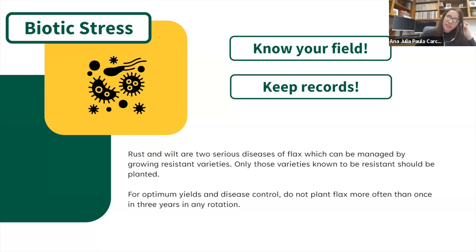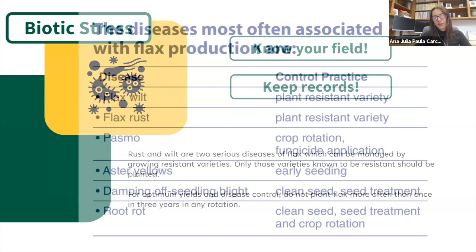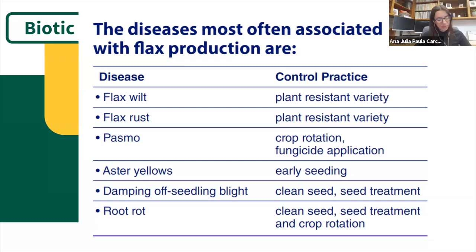It's also really important to have any crop within a good rotation. Here is just a small screenshot of the main diseases for flax and the main control practices, and for flax wilt and flax rust, we need resistant varieties.